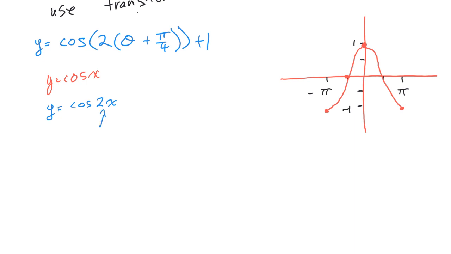This represents a horizontal shrink of factor 1/2. So our graph got shrunk by 1/2.